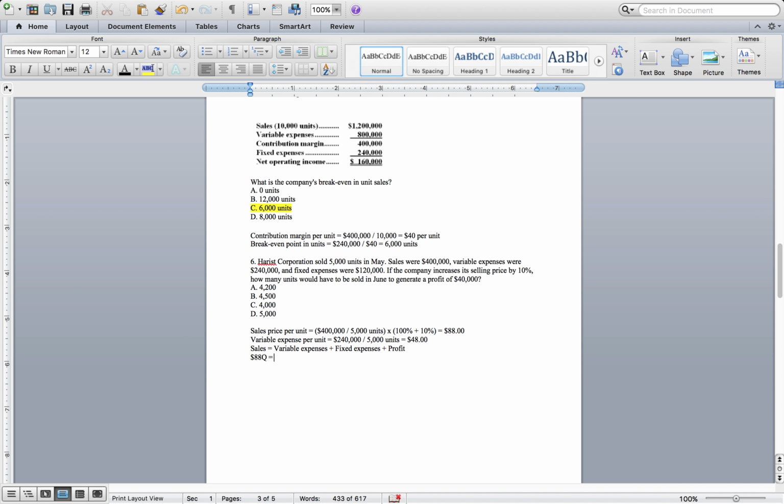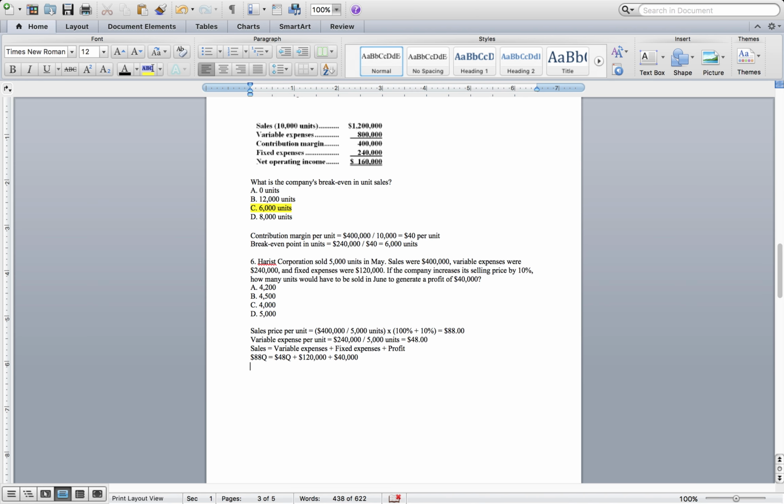That'll equal 48Q plus, well, we know fixed expenses, 120,000. Again, we know our target profit is 40,000, plus 40,000.